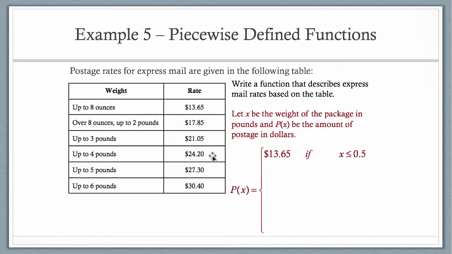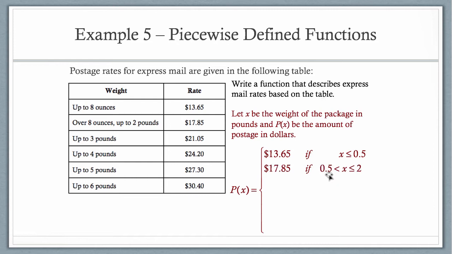So if the weight of my package is less than 0.5, the reason why we have 0.5 is we need to have a consistent unit with our weight. We can't have ounces and then shift to pounds. But we know 8 ounces is really a half a pound. So it's easy to just make everything in terms of pounds. So if x is less than or equal to a half a pound, we're going to pay $13.65.